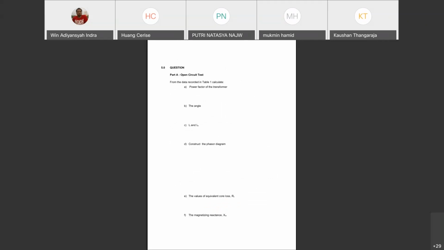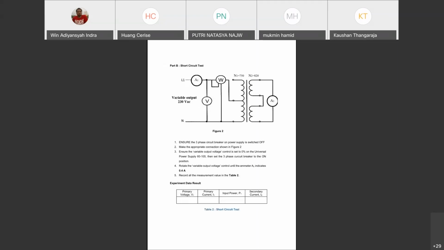So the question, first one, power factor. This is for open circuit.